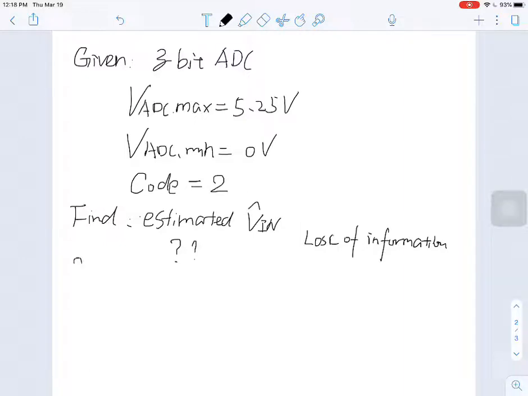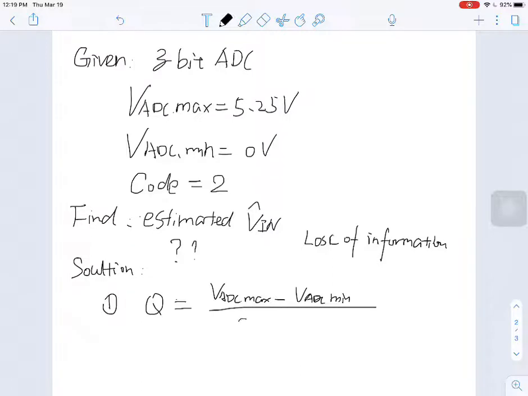Okay, let's move on to the solution. How do we find the estimated voltage signal? So the first step is the same: we need to find what the quantization resolution is. So Q equals VADC maximum minus VADC minimum, divided by 2 to the n minus 1.